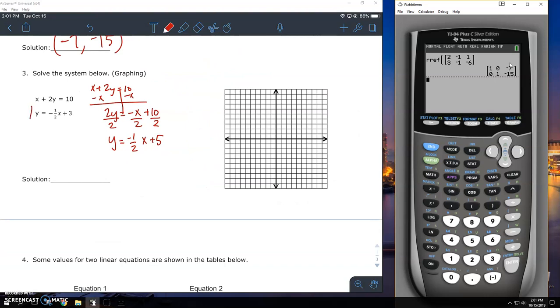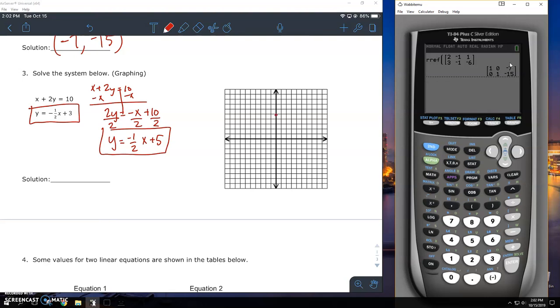So I have my two equations. Okay, and I notice that both equations have the same slope. Now we could type these into the calculator and look at it, but these are pretty easy ones to do by hand.